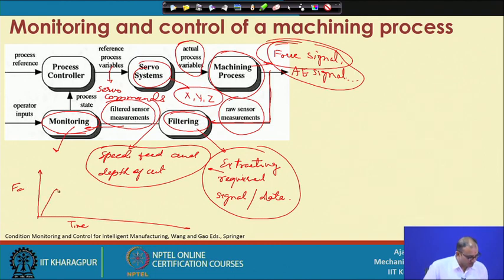So, initially it is starting from here, and then you are doing turning operations, it will maintain this particular level, and later on you will find that it suddenly goes down in this case. So, this will tell you the tool is broken, correct, because now you are not getting any contact between the cutting tool and the workpiece. So, it is going down. So, here those things you are monitoring.